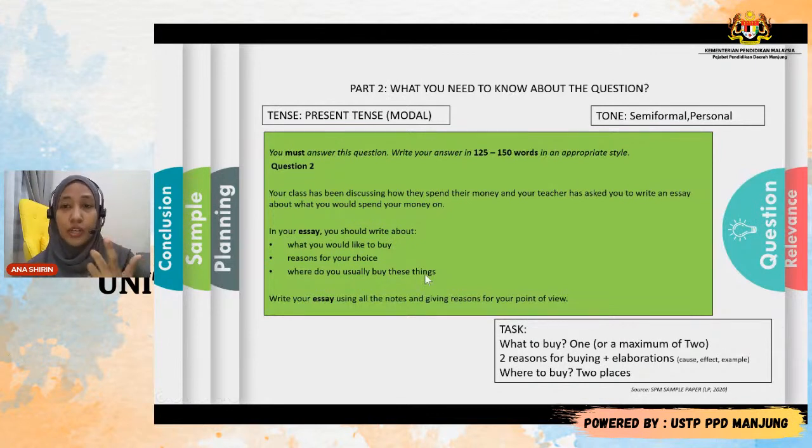And for the tone, how do you identify the tone? You need to know who you are writing for. That usually comes in the opening part of your question, which says your class has been discussing how they spend their money, and your teacher has asked you to write an essay about what you would spend your money on. So this gives you the context that you are writing either for your teacher or for your classmates.